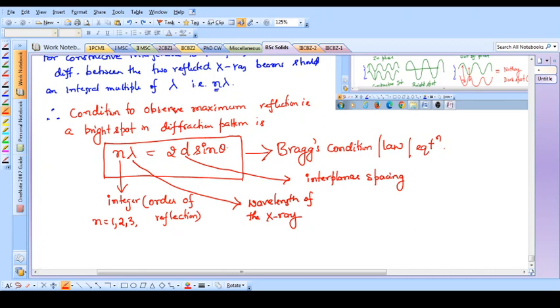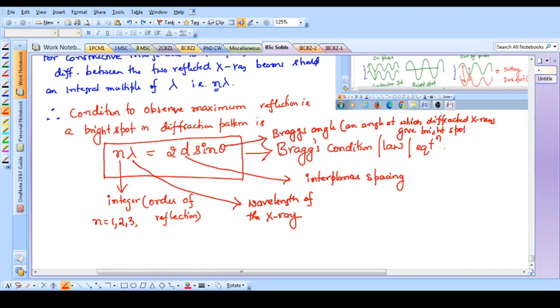And this theta is not just a simple angle of reflection, it is that theta which gives a bright spot in the diffraction pattern, and therefore this angle is called Bragg's angle, that is an angle at which diffracted or reflected X-rays give a bright spot.